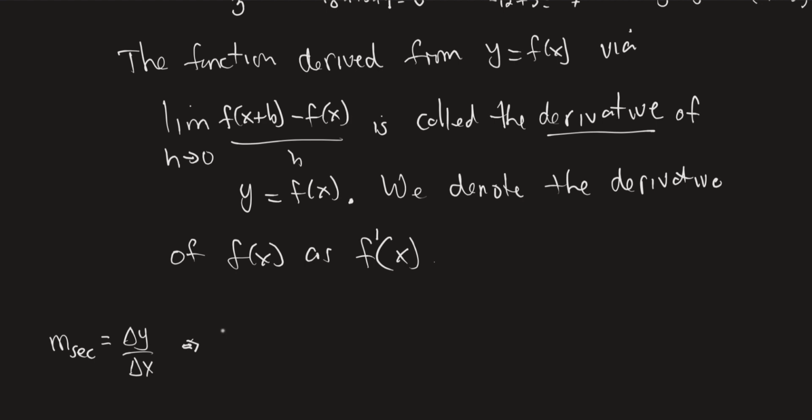So for instance, this right here can be denoted as the change in y. And if I replace h with delta x, so the change in x, so if I call this delta x and then this also delta x, this whole limit looks like this. So it's the limit as delta x approaches 0 of delta y over delta x.